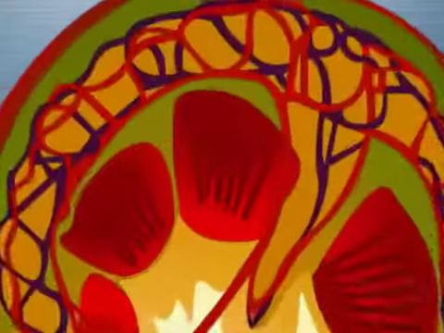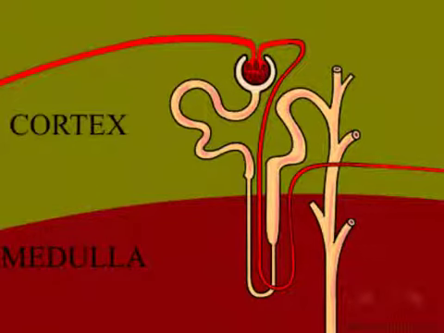This is a kidney. See, the malphizian corpuscle and the proximal convoluted tubule is present in the cortex, but the loop of Henle runs into the medulla and re-enters back into the cortex.